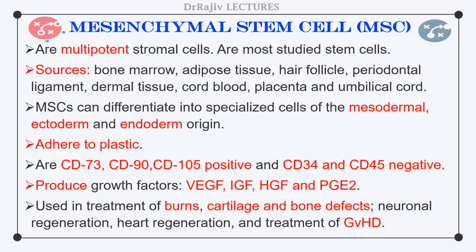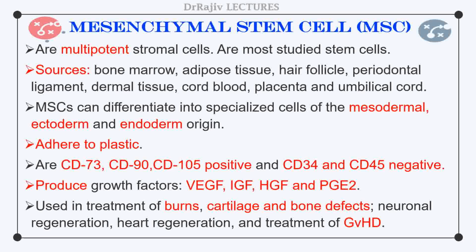As per the minimum criteria laid down by the International Society for Cell Therapy, the mesenchymal stem cells must adhere to plastic under standard culture conditions, must express the cell surface markers CD73, CD90, and CD105, must lack the expression of hematopoietic stem cell surface markers such as CD34 and CD45, and must have the capacity to differentiate into osteoblasts, adipocytes, and chondrocytes in vitro.